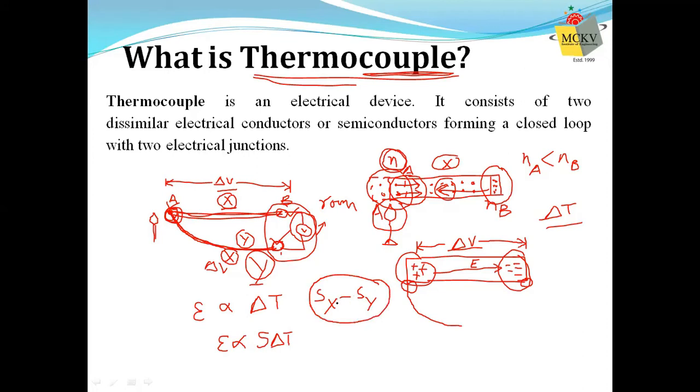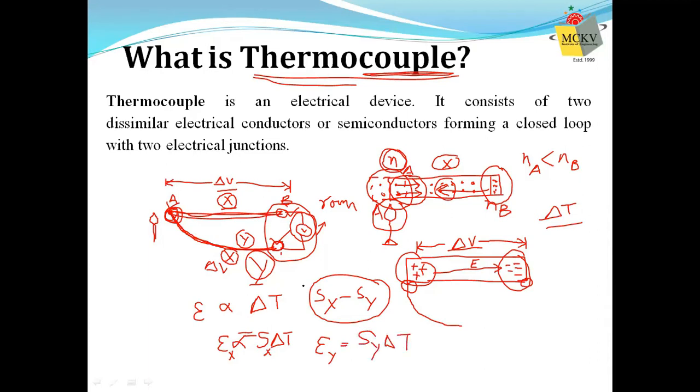This depends on both, because the potential difference for the X conductor is Ex, which is Sx delta T, and Ey, the potential drop for the Y conductor, would be Sy delta T, because they are maintained at the same temperature difference.